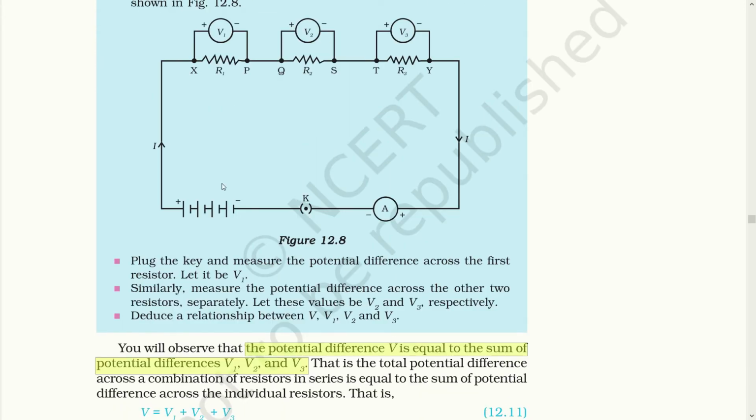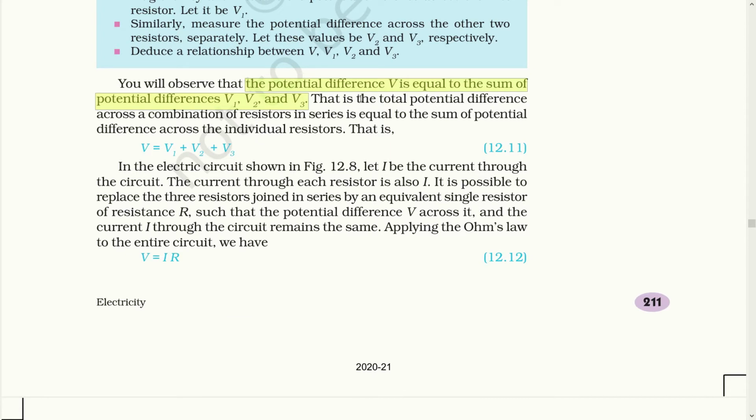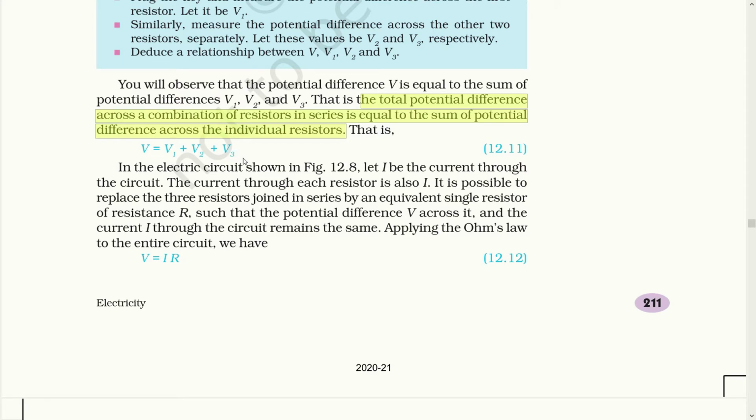That means if this battery has 6 volt potential difference, it will be distributed across each resistor and the sum of it would become 6 volt. That is, the total potential difference across the combination of resistors in series is equal to the sum of the potential differences across the individual resistors. So, V is equal to V1 plus V2 plus V3.